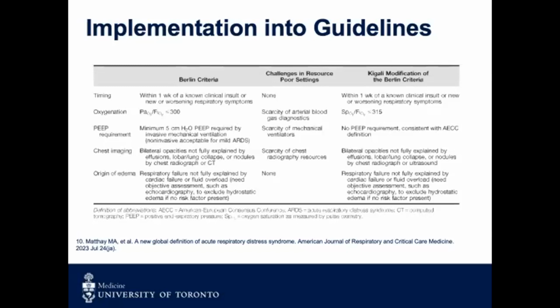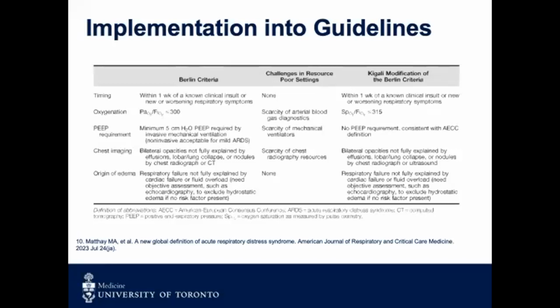So we went on with this definition for multiple years, and then a group in Rwanda came out with the Kigali modification of the Berlin criteria, because according to this, none of their patients would have ARDS. And so they had to modify it to work for them and be able to treat their patients. And so what they had done is instead of the PF ratio, they used the SpO2 to FiO2 ratio.